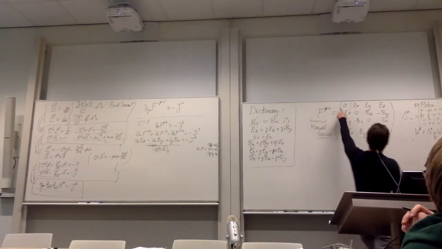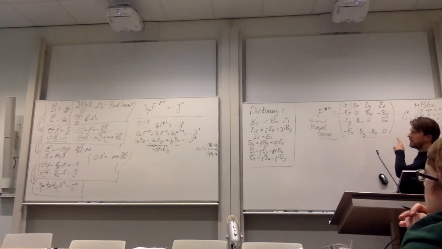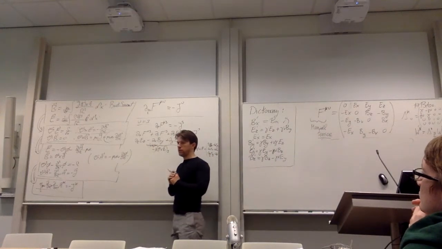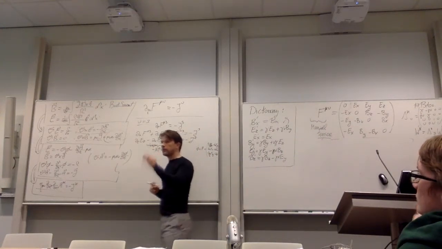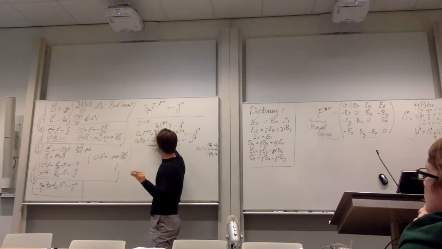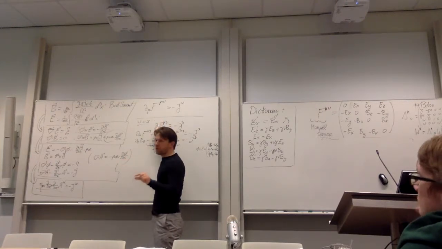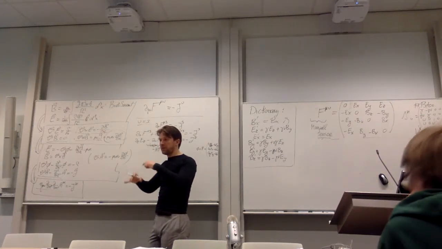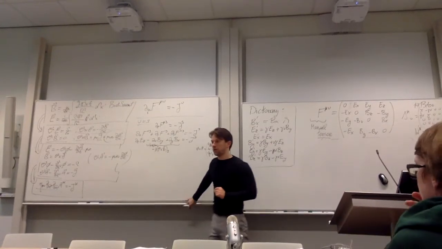F03. I don't see why there should be a minus. Oh, is that because of the contraction? No. Contraction just means take the value for mu, for mu, and add everything together. The only reason why there could be a minus is because there's a Minkowski metric in between. There isn't. So it's all pluses.